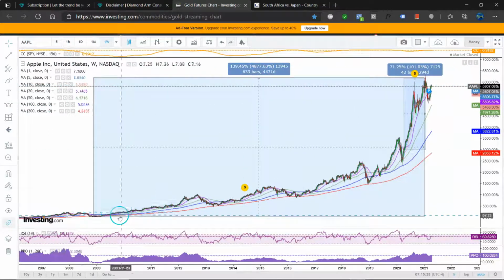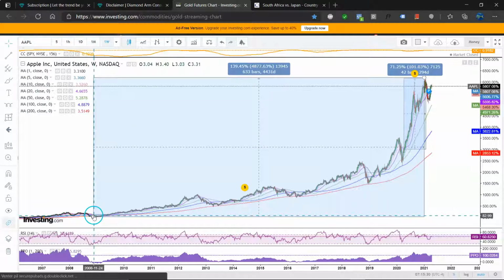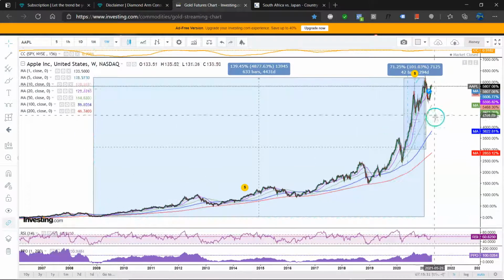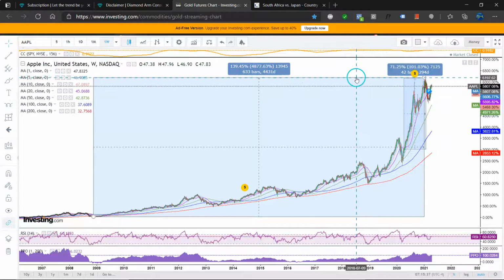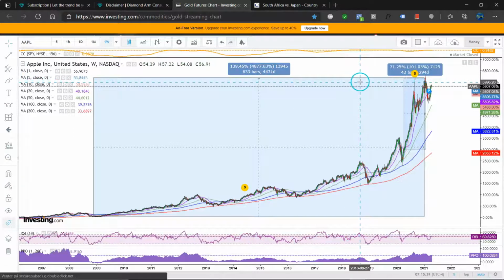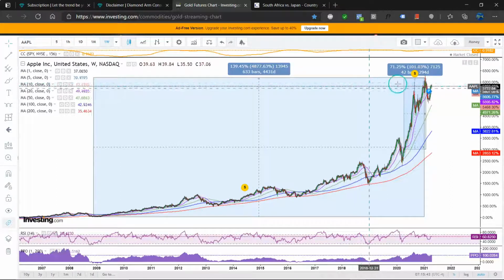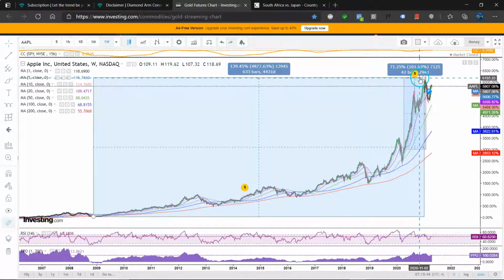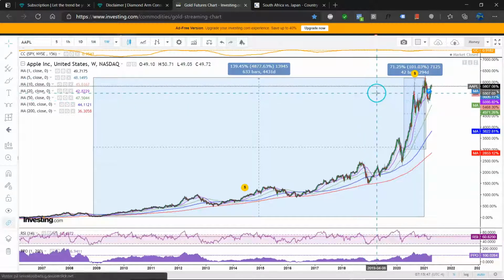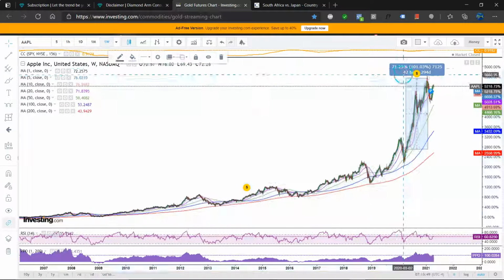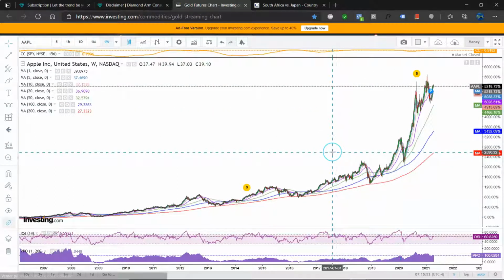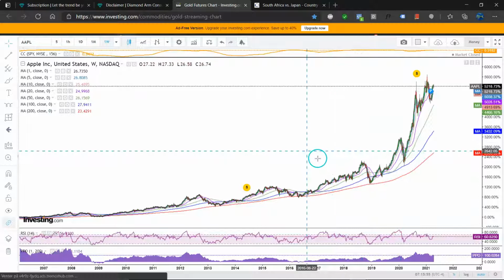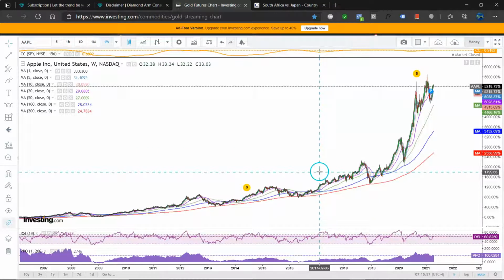If we go even further back, close to the lows of the global financial crisis, to that high, Apple rallied 4,900-ish%. For Apple to do that from that high, I'm not saying it is impossible, but it is a very, very, very, very low probability event, because that would mean that Apple would become gargantuan.